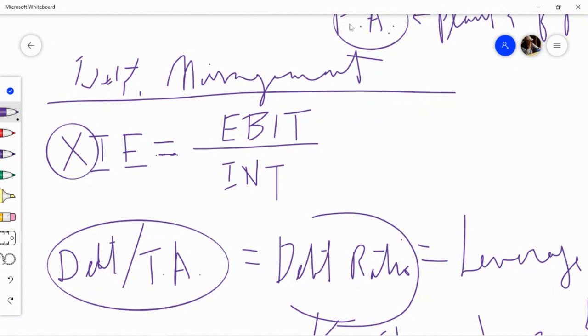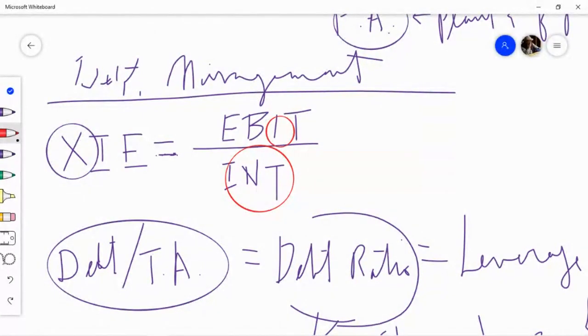Only later I realized interest is something you have to pay to the bond holders, or debt holders, your creditors. But it has to come out of EBIT. Isn't that right? Interest must come out of the EBIT.